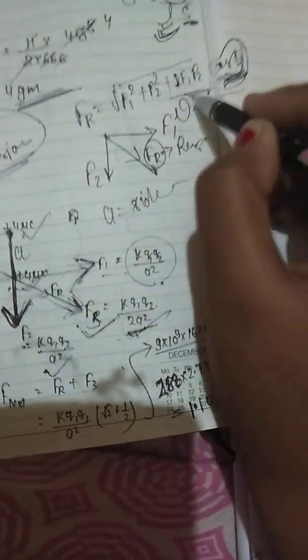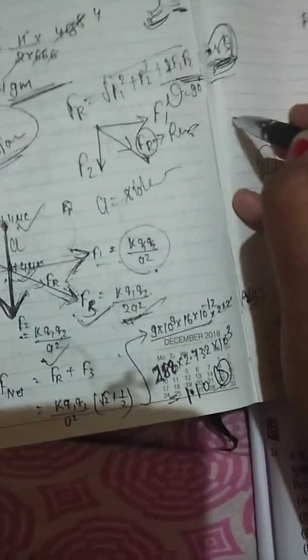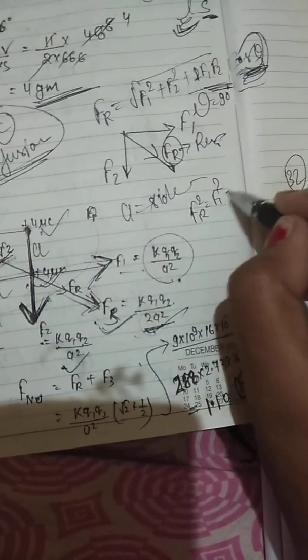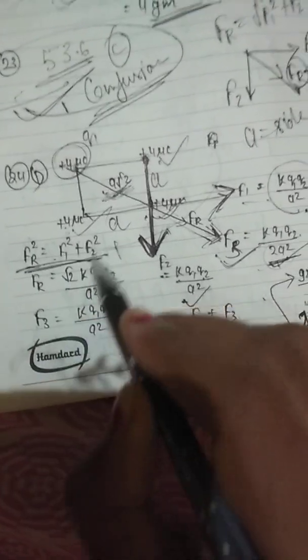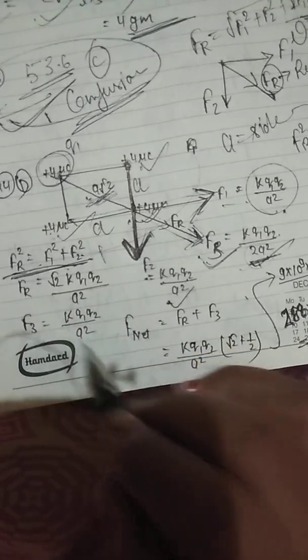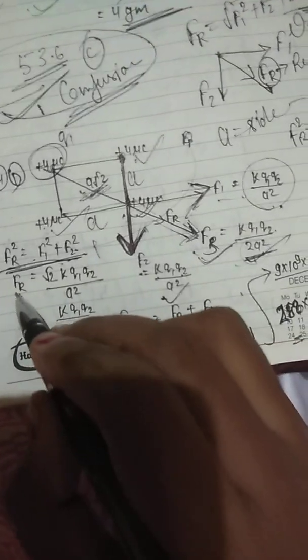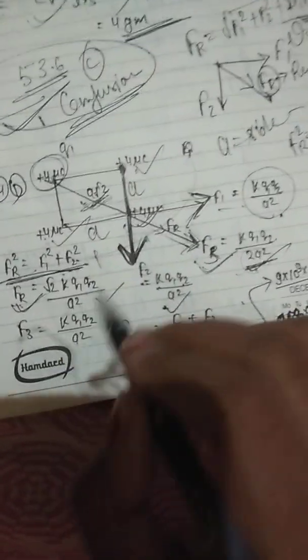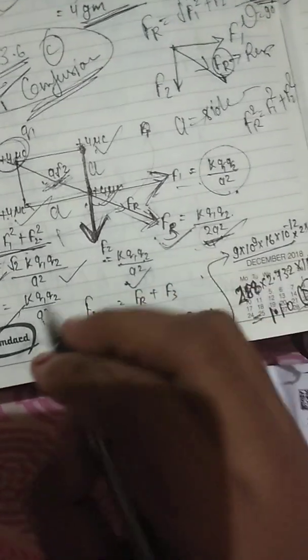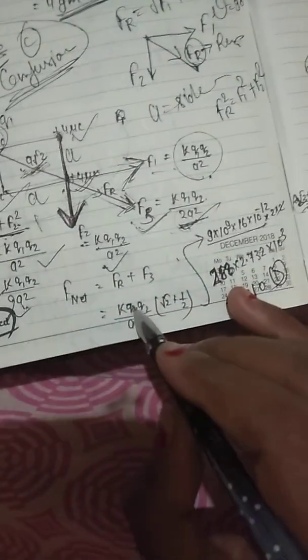So this term will become 0. So finally FR square is equal to F1 square plus F2 square. Since both the values are same, I took out FR. FR comes to root 2 K Q1 Q2 by A square, and F3 is already acting along the diagonal, K Q1 Q2 by 2A square.